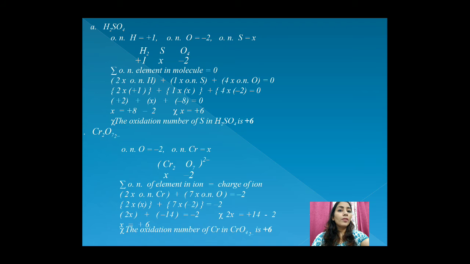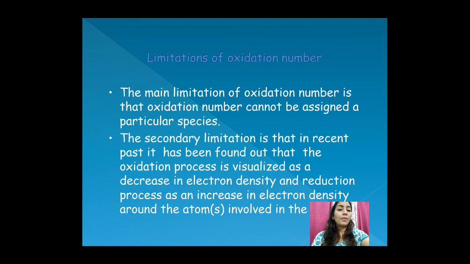These are a few examples. By this method, we can find out the oxidation state of an unknown element. Like in H2SO4, we can find the oxidation state of sulfur by putting X as the unknown. In the case of the Cr2O7 ion, we can put the value of chromium as X and find the oxidation state. What is the limitation of oxidation number? The main limitation is that oxidation number cannot be assigned to a particular species.